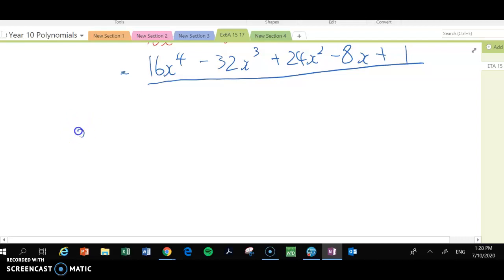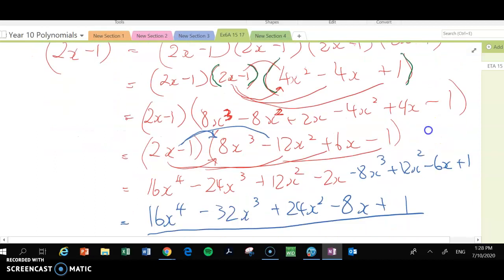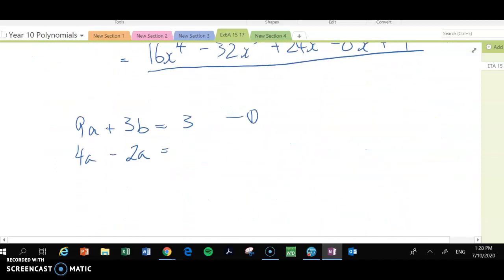Or you had 9a plus 3b equals 3. That was our first equation. 4a minus 2b equals, let's just recall, minus 2. And that's equation 2. Now, I might do the elimination technique.